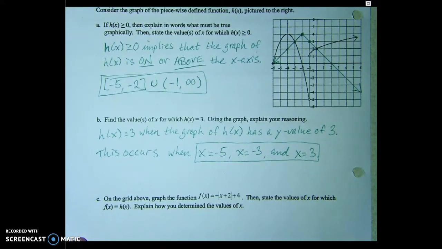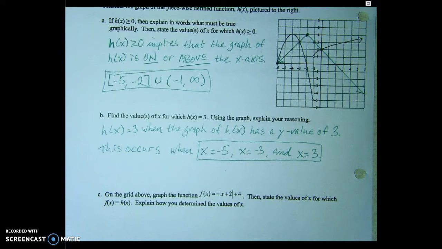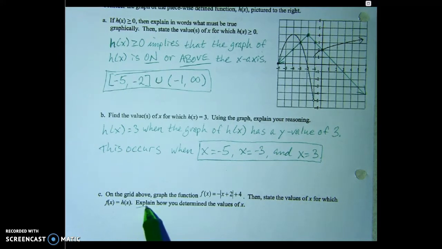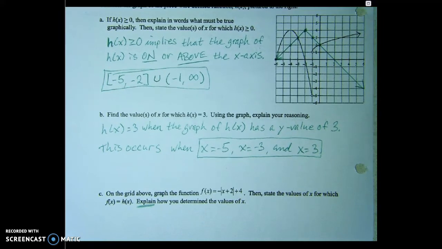Next, we have to state for which values of x the functions are equal to one another. Right? Well, when does f of x equal h of x? We need to explain. And really, I think we all know the answer is when the graphs intersect. When the graphs intersect, they are equal.